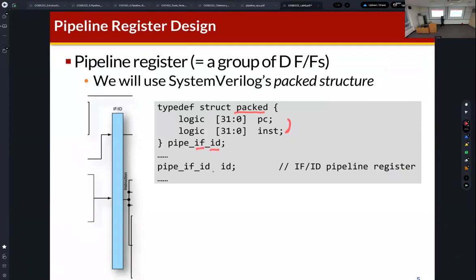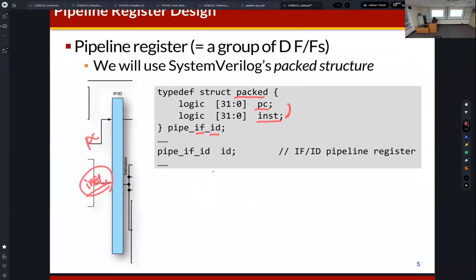In this data type, there are two member variables. This is the HDL, right? So the PC is here, and then the instruction is here. The PC and instruction. Okay.